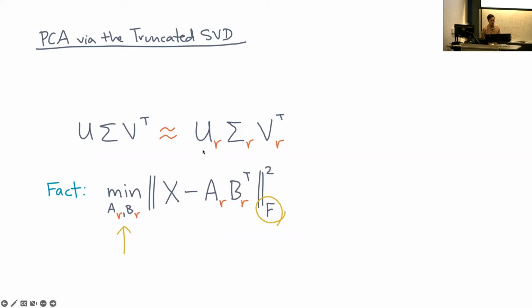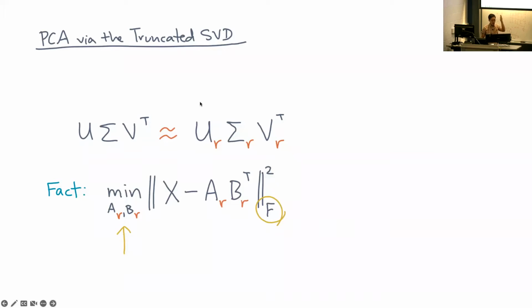So if I have a matrix X and I compute its SVD and then truncate it, instead of doing the full SVD, I maybe calculate just the first R singular values and singular vectors, and then I stop. That will be the best approximation in some measure. So remember, we're looking for some axis that is a good representation.